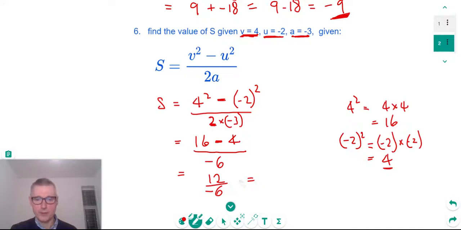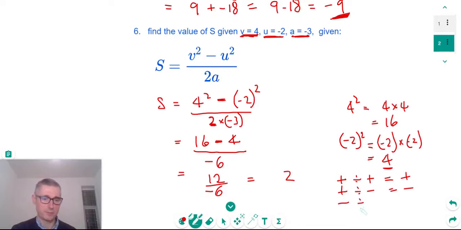So we've got 12 divided by 6 would actually give us 2. But I need to think about what the sign is going to be there. And the same rule that applies for multiplication is also true for division. So if I have a positive number divided by a positive number, I'll get a positive answer. Positive divided by a negative, I'll get a negative answer.